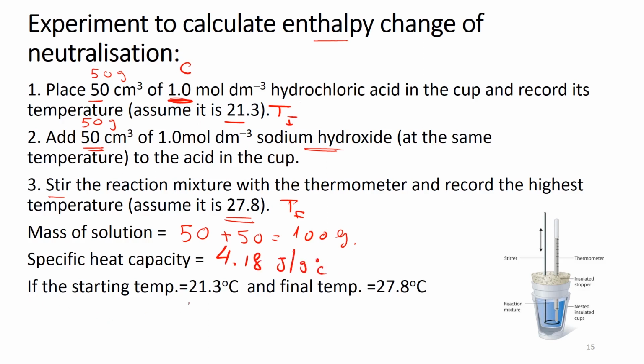Now, if the starting temperature was 21.3 and this is the final temperature 27.8, delta T would be equal to 27.8 minus 21.3. This means it will be equal to 6.5 degrees centigrade. Now we can calculate the delta H of my reaction. In that case, it will be equal to minus mc delta T, and let's substitute in this equation.